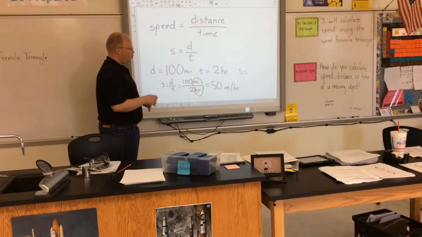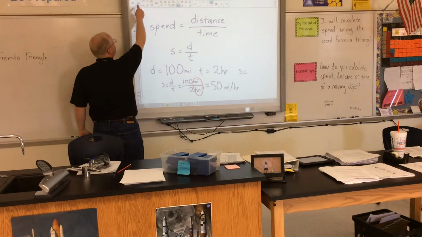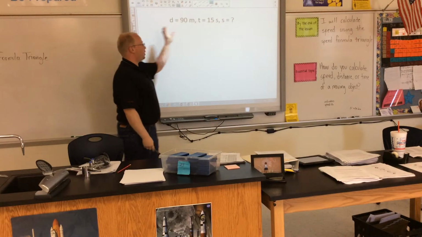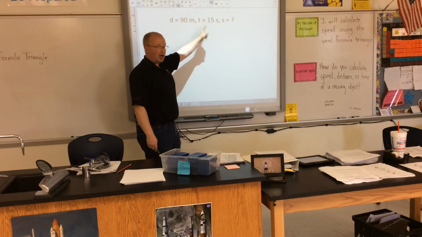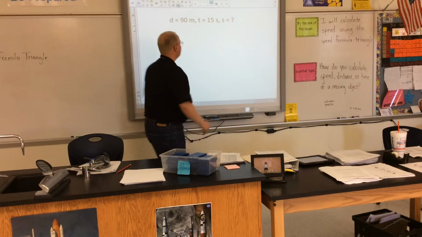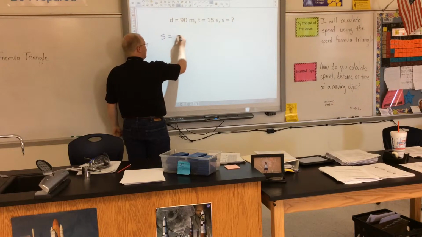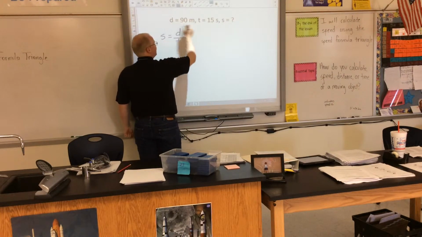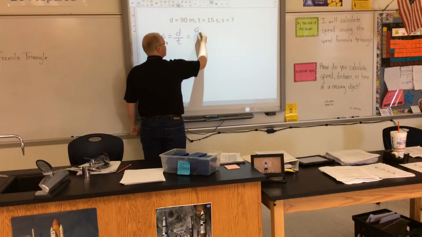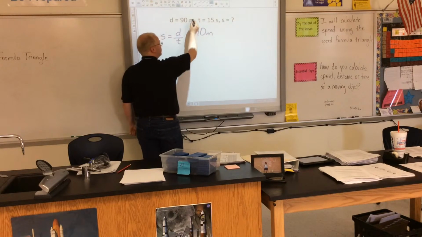Let's do one or two examples straight off of your homework. So this is straight off the practice page. It's number 1. You've been given a distance. You've been given a time. We need to find a speed. Formula is speed equals distance divided by time. My distance is right here, 90 meters. That's what the M stands for.